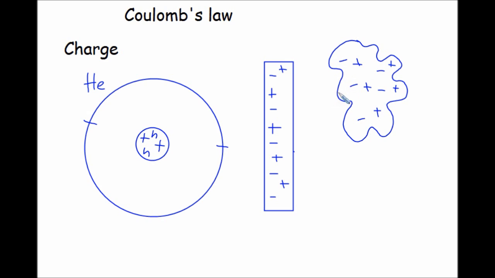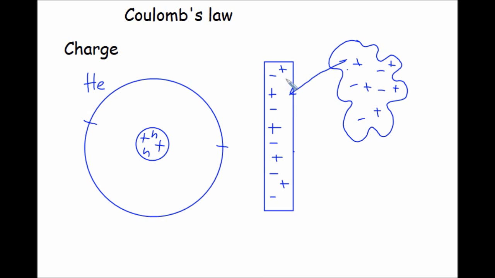So if this cloth is rubbed against this ruler, electrons will be transferred from the cloth to the ruler. Electrons are not lost or gained. They are transferred from one object to another object.